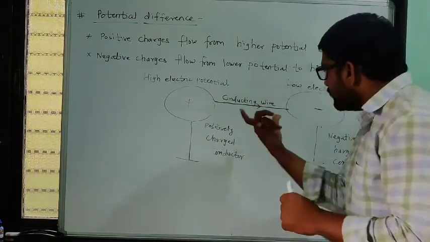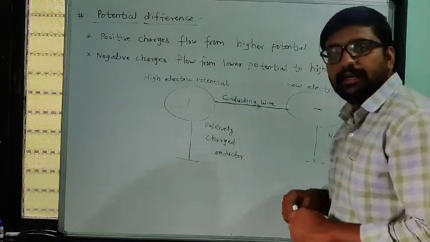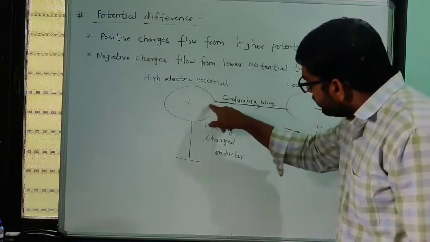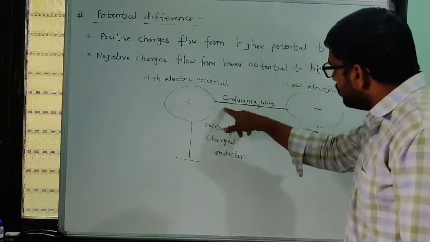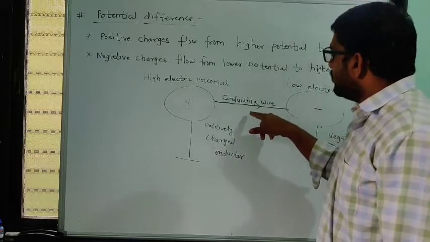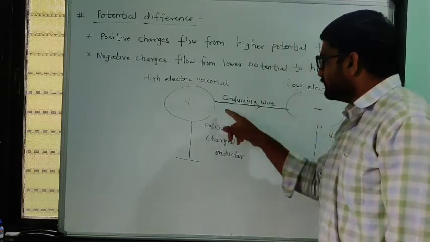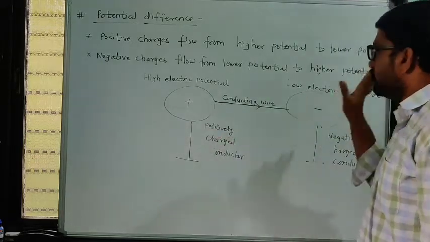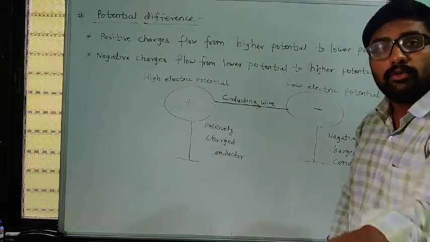As we connect these two conductors by one connecting wire, the positive charges flow from higher potential to lower electric potential.